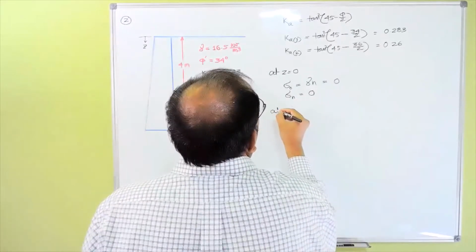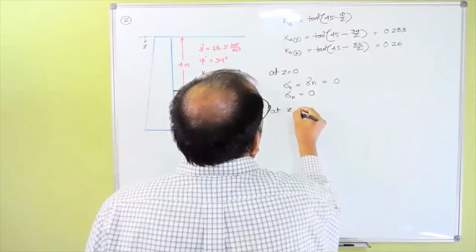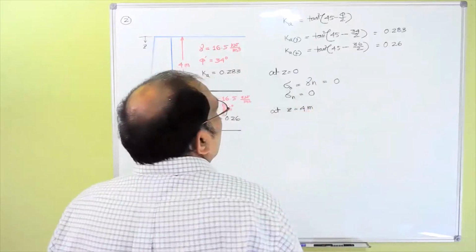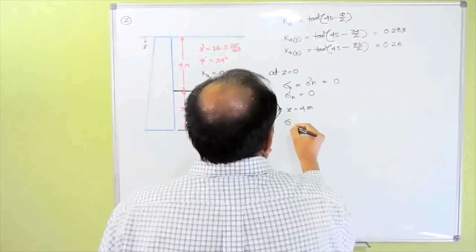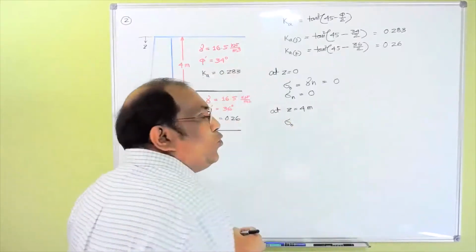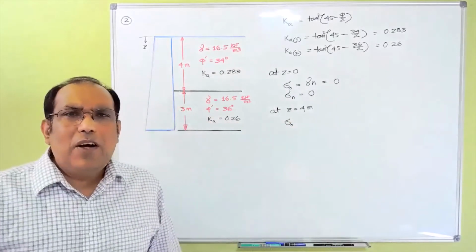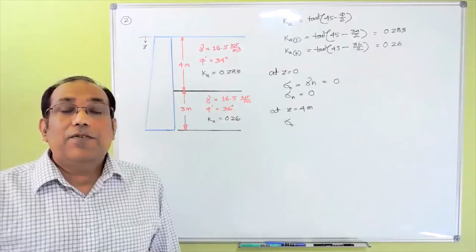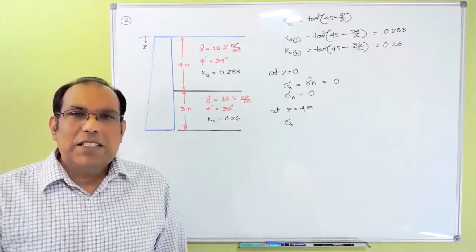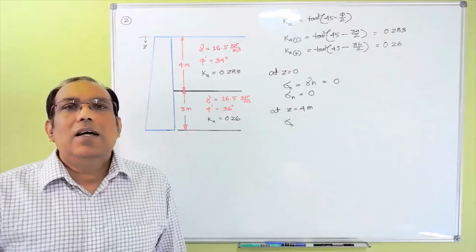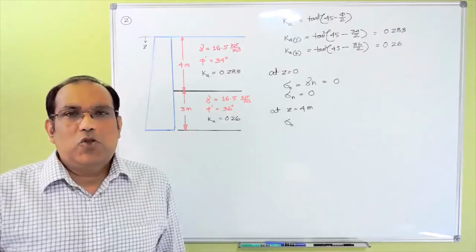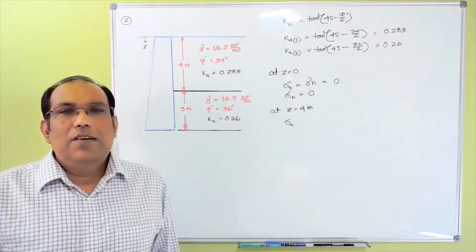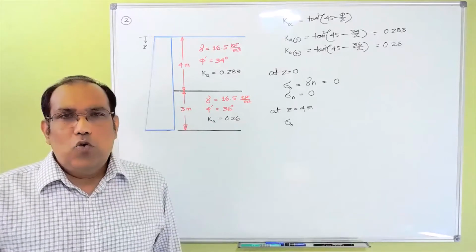Now at Z equal to 4 meters, you can see there is no water table here, so I'm not writing effective stress and total stress separately. If we see a water table, then we have to take the effective stress and then add the water pressure. For this particular case, there is no water.